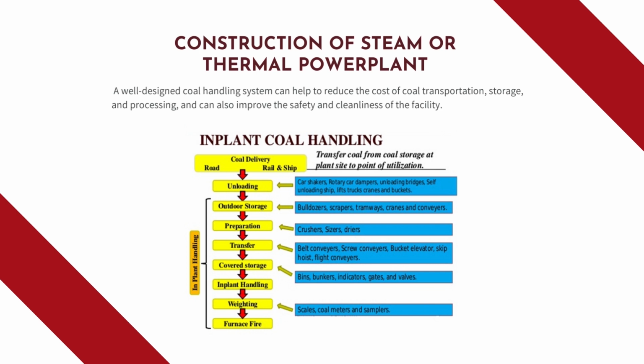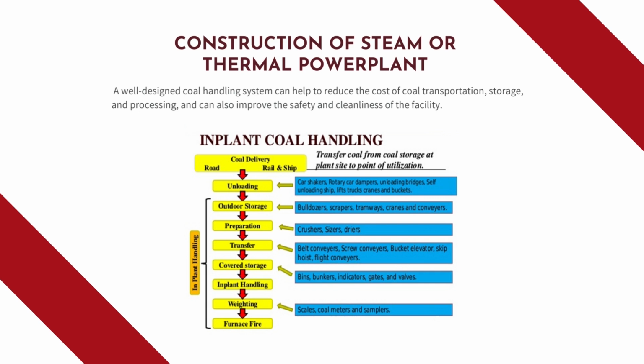In this picture we can see the various storage systems or various stages of the coal handling plant. Coal delivery can be done by road, rail or ship. Then we go for unloading, then out storage, then preparation of the coal, then transfer, then cover storage, then input handling, then weighing, then furnace firing.